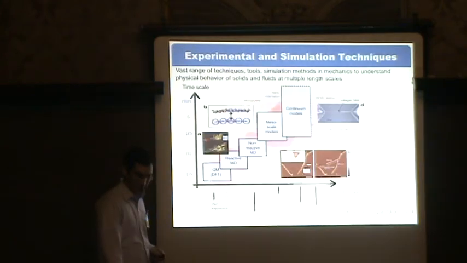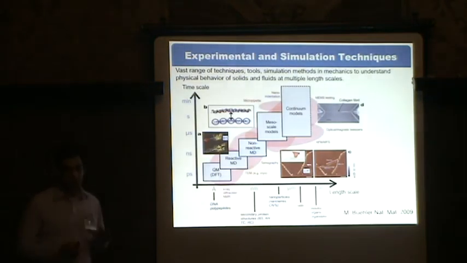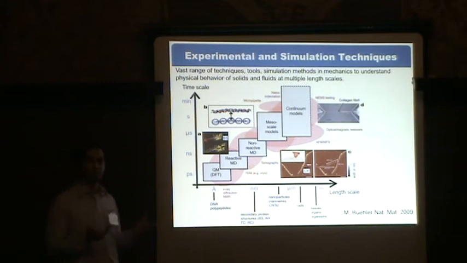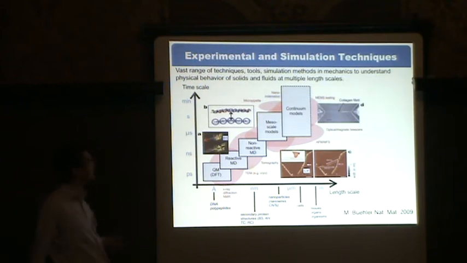So a good question here is, of course, what kind of methods do we have, and how many of these methods are at the same scale we can do experiments and compare. And there's many different approaches, of course. Many of you are probably familiar with continuum models, such as finite element modeling. Then we have quantum mechanical methods.